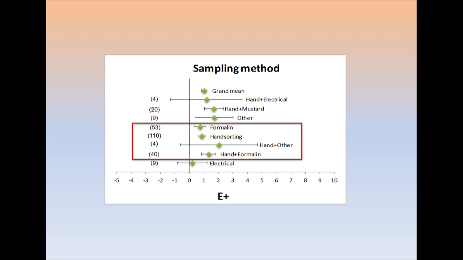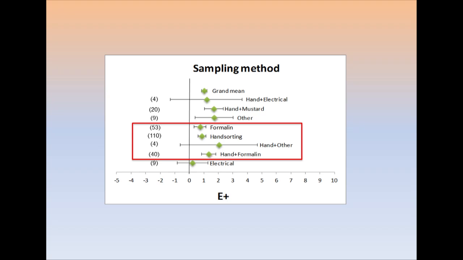One detail of estimating biodiversity, of course, is always methods, and there are enormous debates. Which ones are the good methods? Are they expensive? Are they fast? And so on. And you can see that most of the studies were formalin or hand sorting, or formalin and hand sorting, because most of the articles were sort of from the 1980s and 90s.